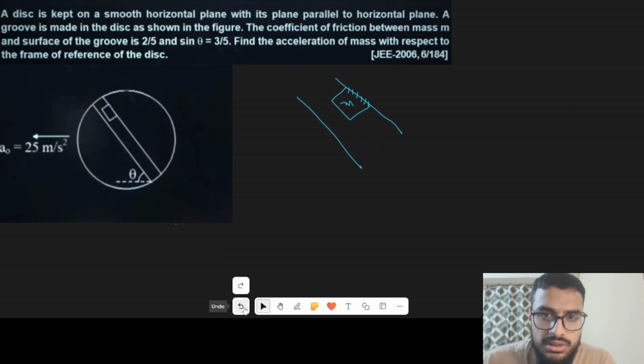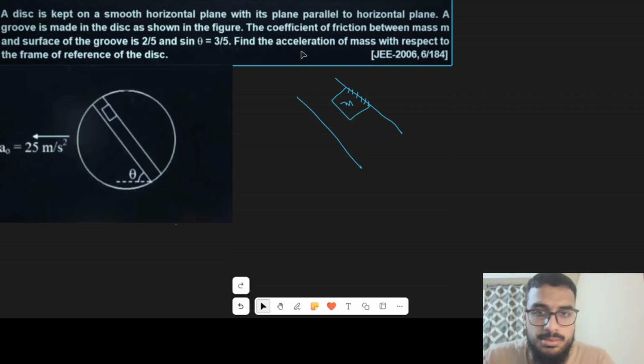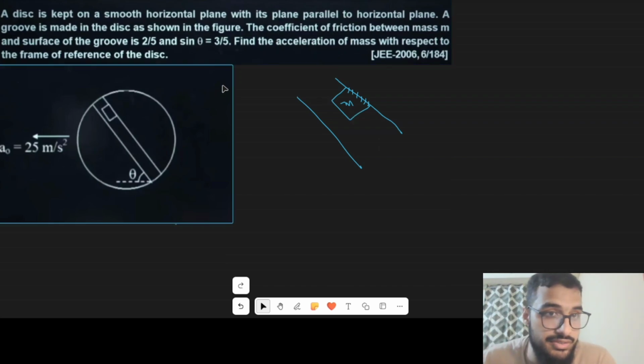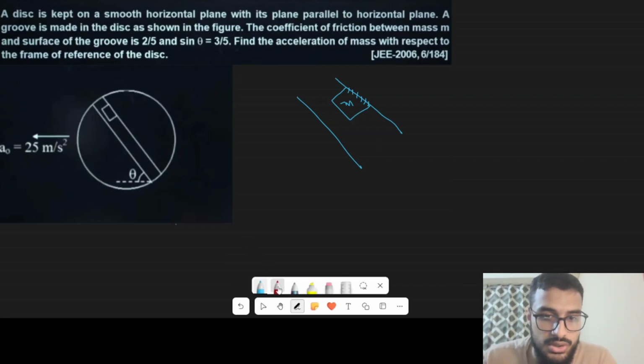So let's see what is happening. We are supposed to find the acceleration of the mass with respect to the frame of reference of the disk. Since our frame is non-inertial, we get a pseudo force in this direction, which is m into a naught, m into 25.